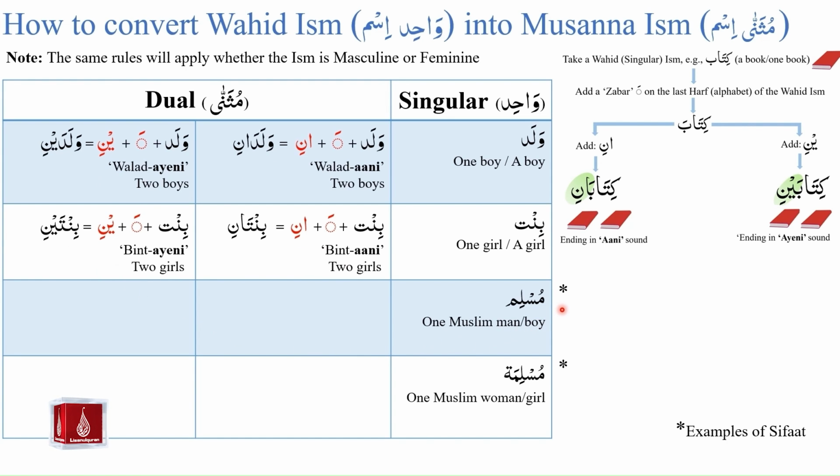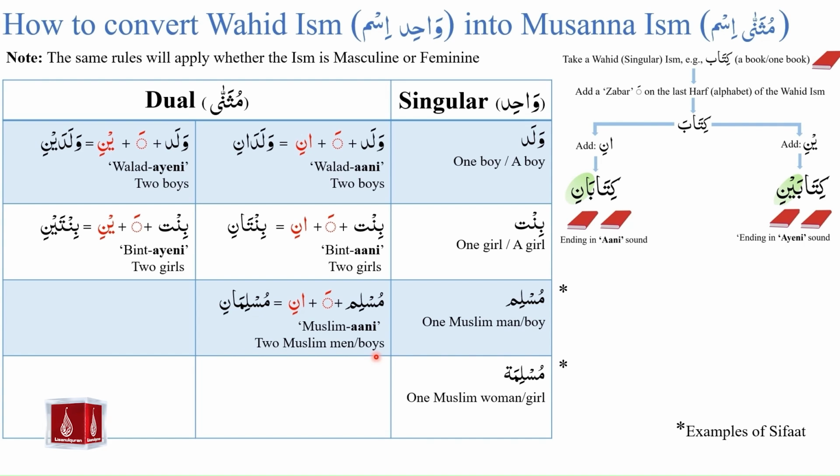Now coming to sifat, the first one we have is muslim. The same rule will apply. To muslim, we will add a zabar followed by alif noon zair, and we have the word muslimani, which means two Muslim men or two Muslim boys.